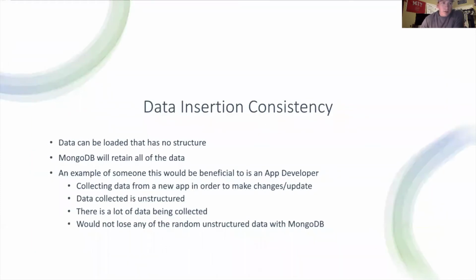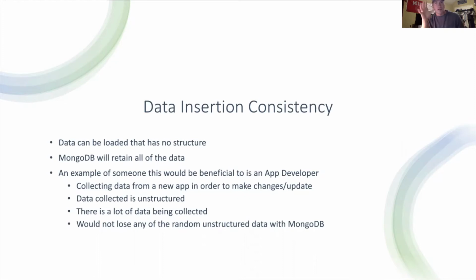Another advantage is data insertion consistency. It ties into what I was talking about earlier with the schema-less design. You can load data in that has no structure, and you don't have to worry about losing any of that data. When you store it into those documents, there's no predefined schema.